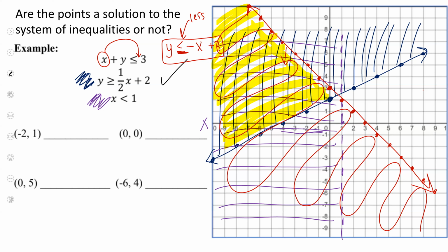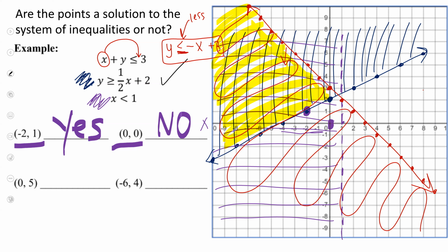So let's go ahead and start plotting some points. The first point that we're going to plot is (-2, 1). Everyone plot that on your graph. (-2, 1), right there. Is that a solution? Yes. Your next point, (0, 0). Right here. Is that a solution? No. Why isn't it a solution?